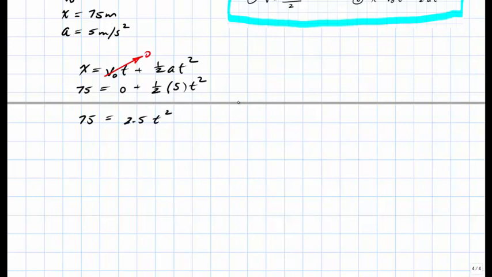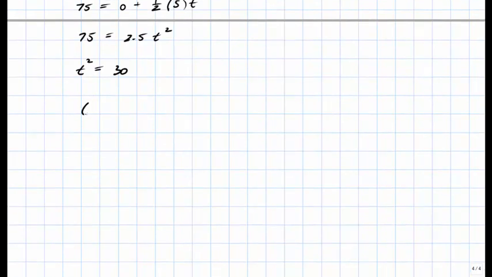We'll divide both sides by 2.5 now and get t squared equals 30, and by taking the square root of 30 we can solve for t. So the time that it takes the car to reach the top of the incline just equals 5.477 seconds.